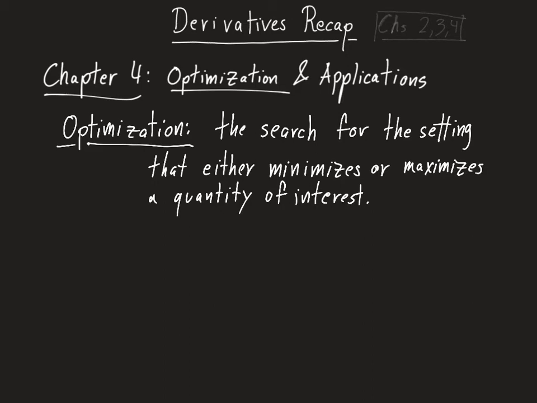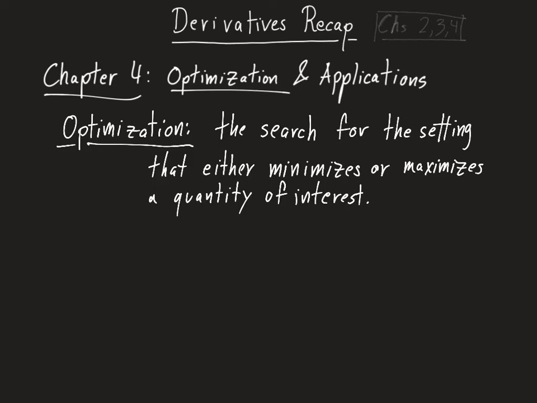Maybe you are trying to maximize the grade you get in this class. In that case, you are doing an optimization problem where your quantity of interest is your grade and you are searching for a maximum. Any situation where you're trying to either get the absolute largest value or the absolute smallest value of some quantity that you care about is an optimization problem.